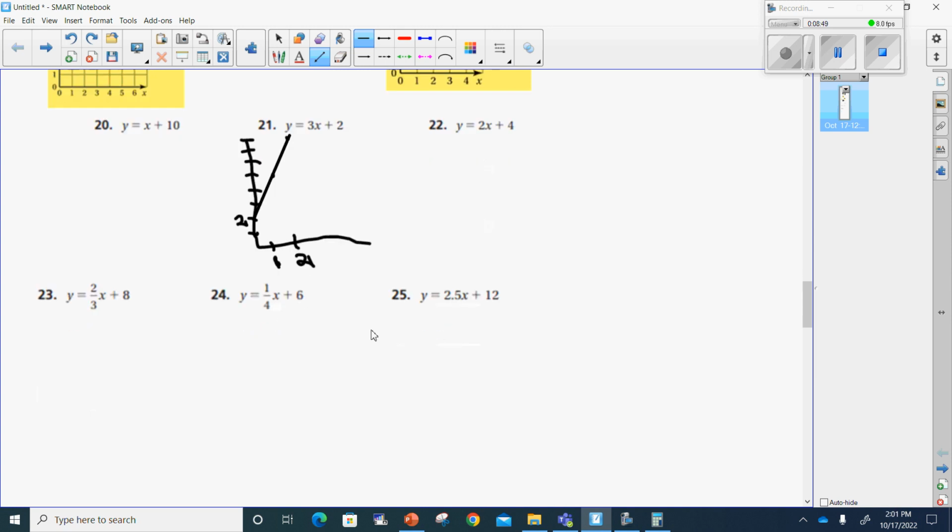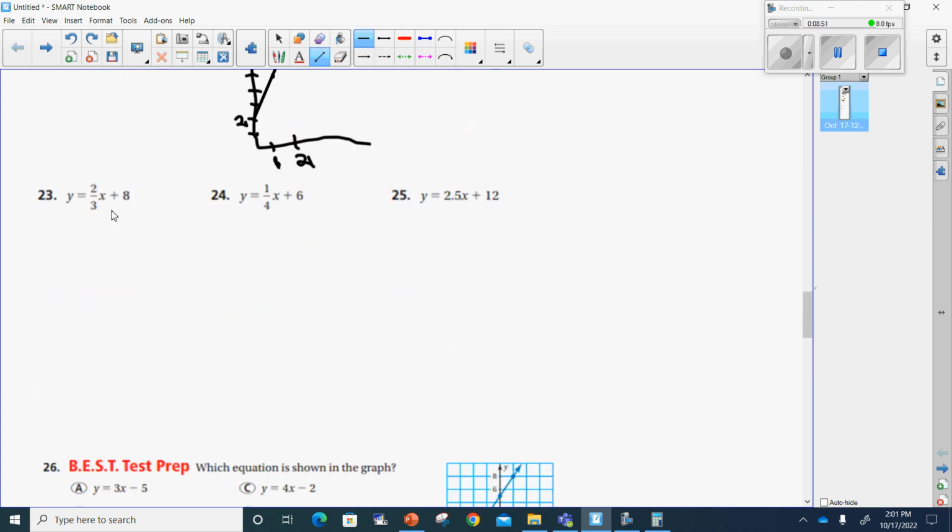All right, we're off to number 23. This time it starts at 8. I'm going to make my lines here and here. This time it says it goes up 2/3, 2 over 3. So this is kind of different. What it means is we're going to have 1, 2, 3, 4, 5, 6.